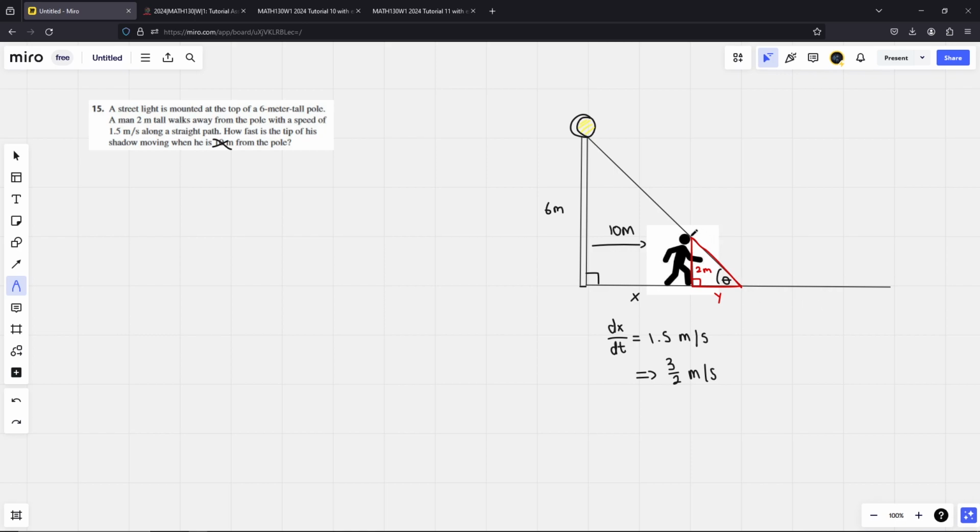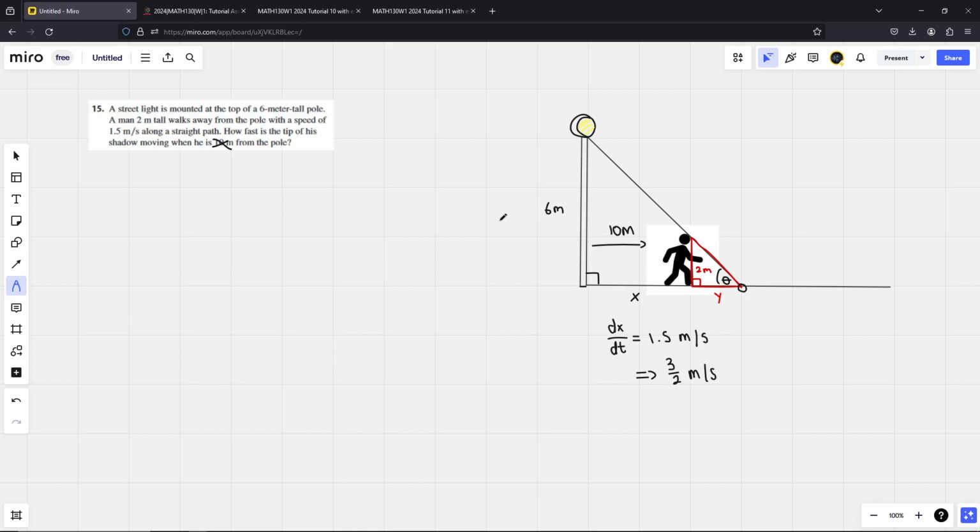So if the hypotenuse is the shadow, they want to know how fast the tip of the shadow is moving when he's 10 meters away from the pole. And like I said, this 10 meters is not really going to be used in our solution.